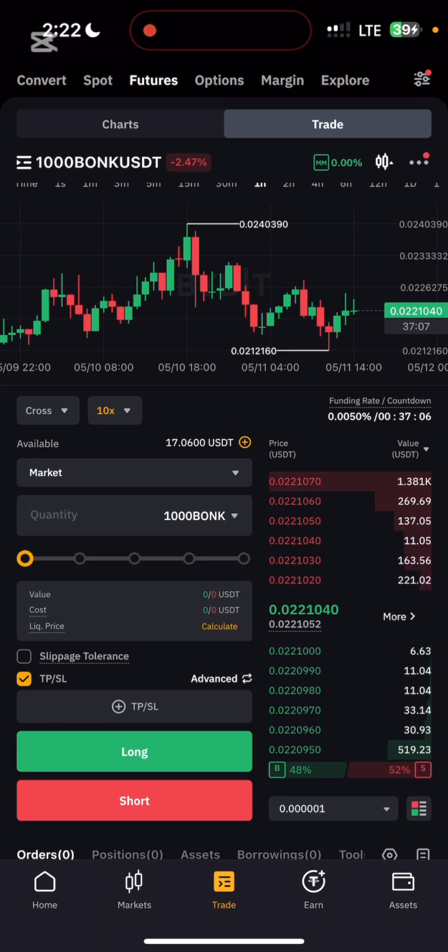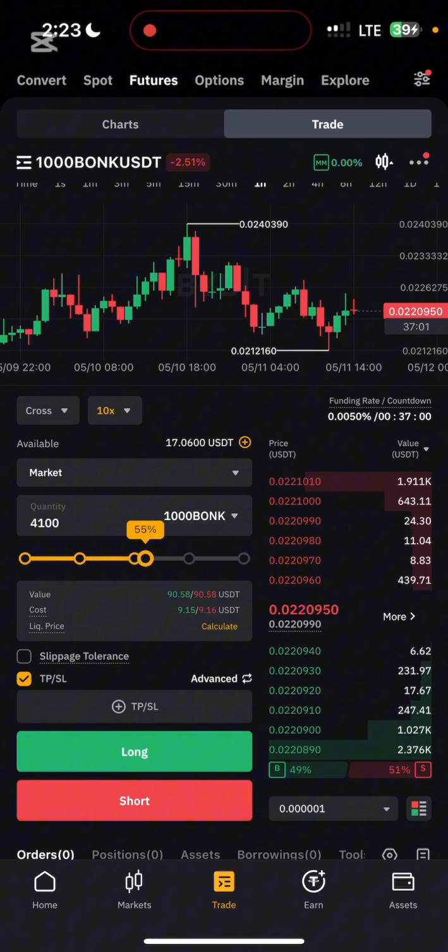After clicking on market, you put the percent you want to use to trade, like what you want to risk. If you want to risk 90% of your account, 50%, 30%, 25%, depending on what you want to risk. You understand? So I'm going to be risking 20% of this account.